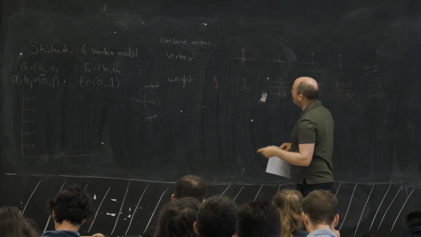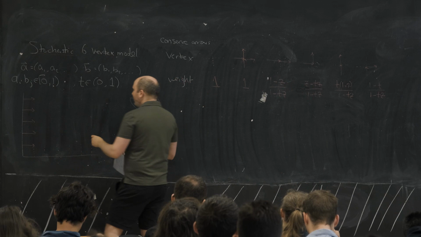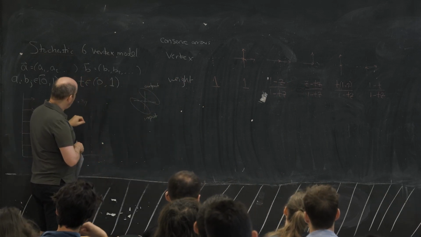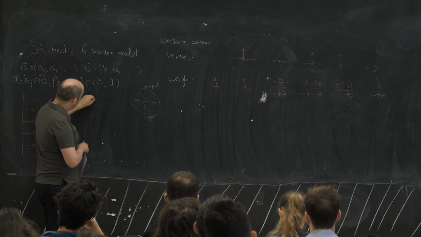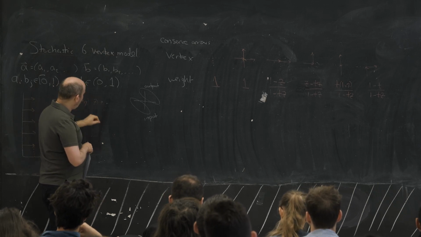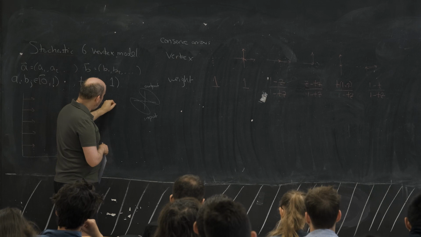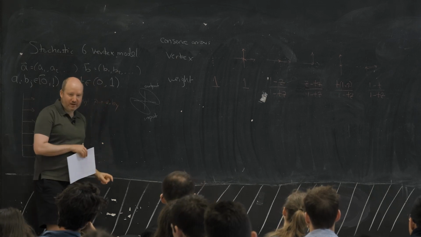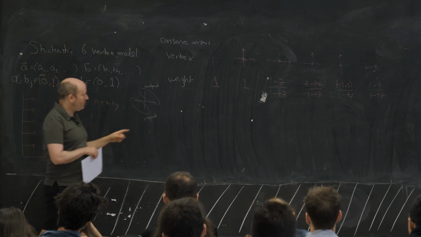Well, of course, I haven't told you what z is. If I'm at location xy, then the z that I use, I assign the value of ax times by. So the inhomogeneities come in the form of this z.